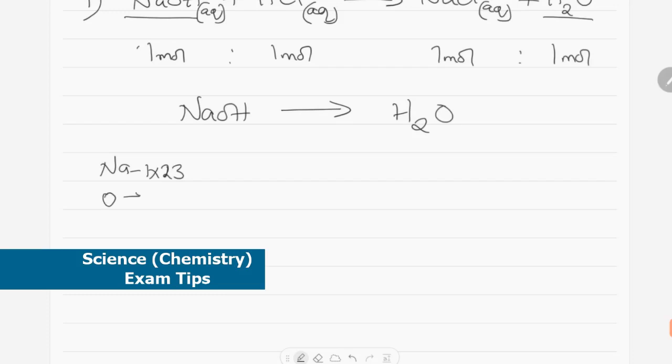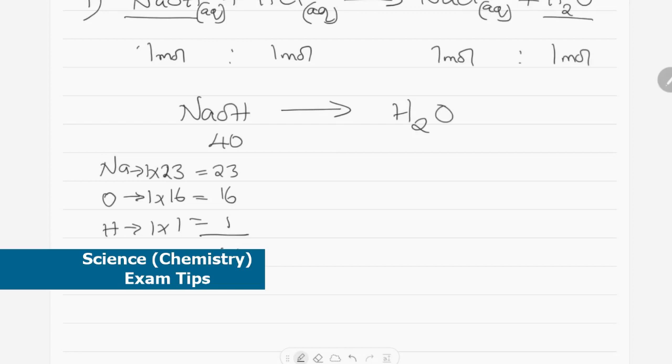Oxygen, we have 1 atom of oxygen multiplied by 16. Hydrogen, we have 1 atom of hydrogen multiplied by 1. This will give us 23, 16, and 1. When you add this, it will give you 40. So 40 is the relative molecular mass, or relative formula mass, for sodium hydroxide.